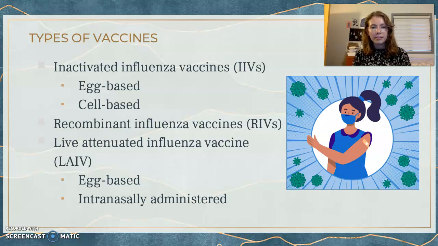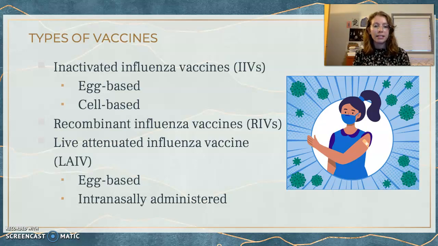Cell-based vaccines eliminate the possibility of eggs becoming a limiting resource, and they're faster to produce than the egg-based vaccines. There are also recombinant influenza vaccines, which do not require the candidate vaccine virus, and they're also faster than both egg and cell-based vaccine production.